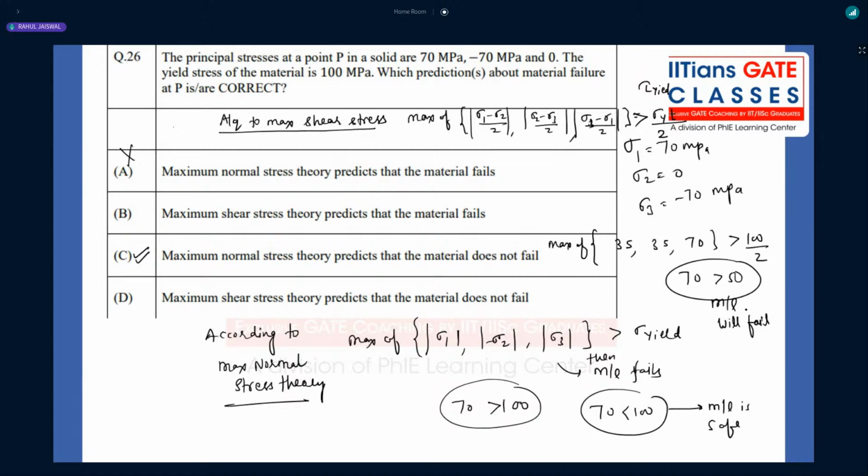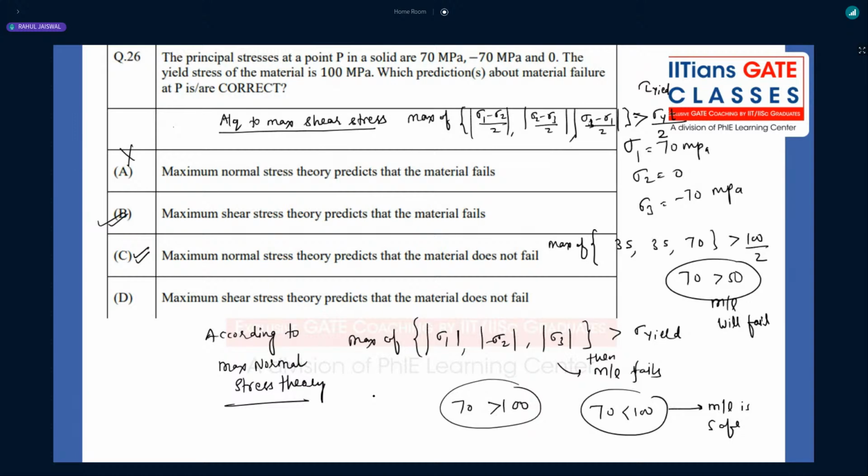This particular material is safe with respect to normal stress theory, but with respect to shear stress theory, it will fail. If I ask which will give you the maximum factor of safety, what will you say? Whichever predicts failure of the material will definitely give the least factor of safety.